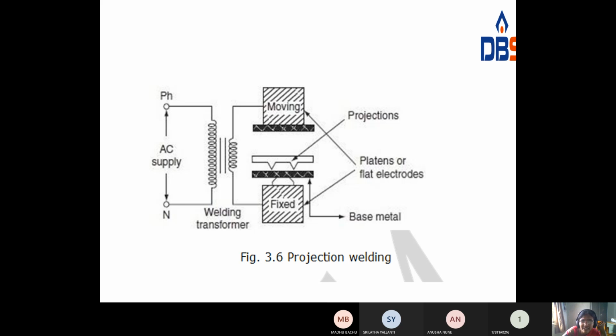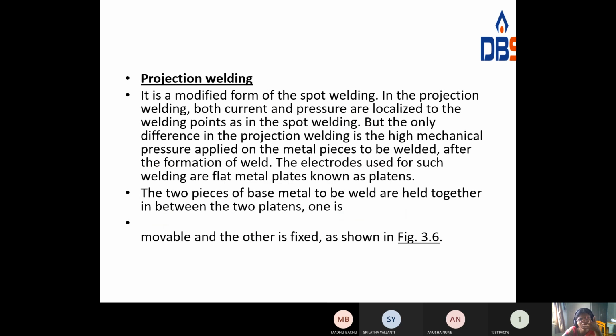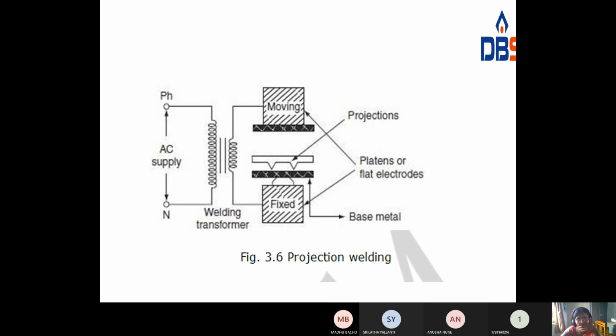The electrodes used for such welding are flat metal platens. The two metals to be welded are placed in between these two platens.